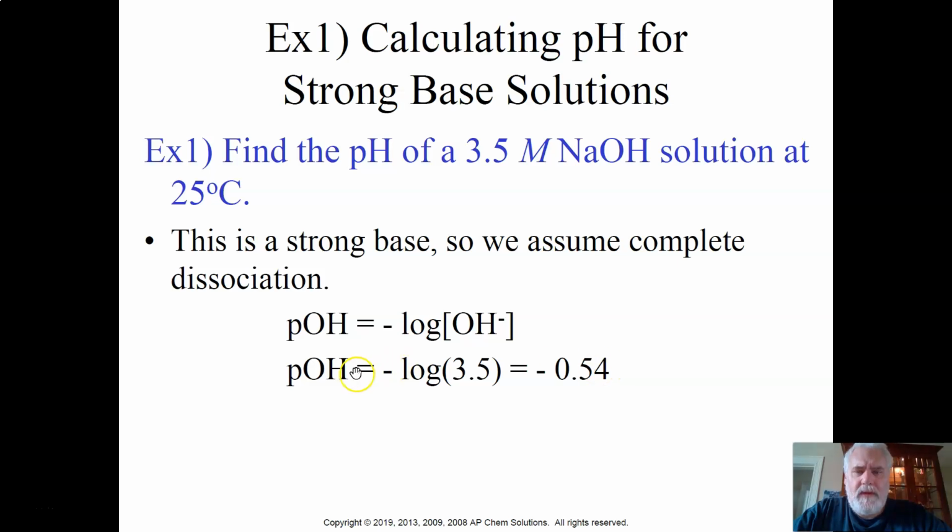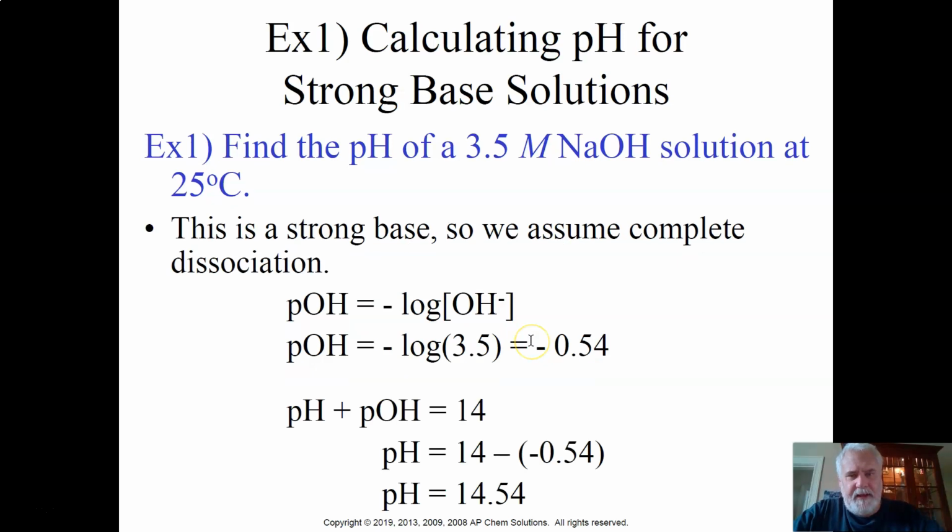So the thing is, they asked for the pH. All right, we can do the pOH directly using the concentration of this, and now we can apply that newfound little trick I just showed you, that the pH plus the pOH equals 14. So if you want to find the pH, you take 14 minus a negative 0.54, and the pH of that solution would be 14.54.